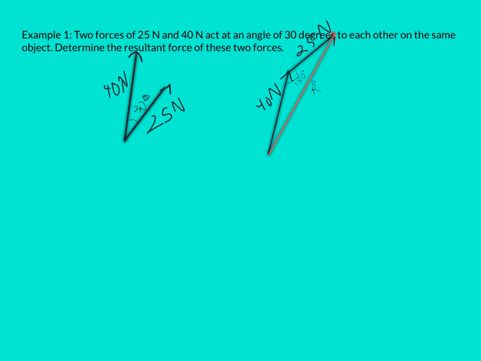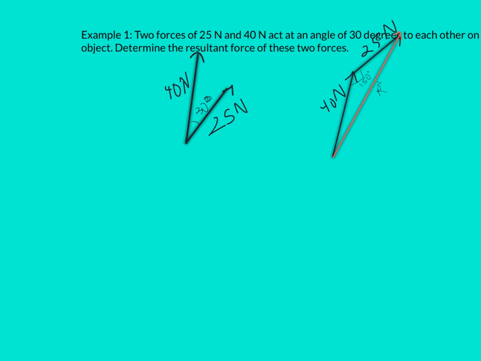So once again, we have an enclosed angle and two known sides. So we're going to make use of our cosine law. 40 squared plus 25 squared.